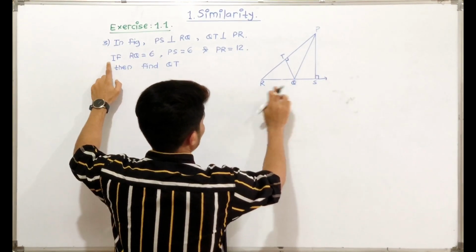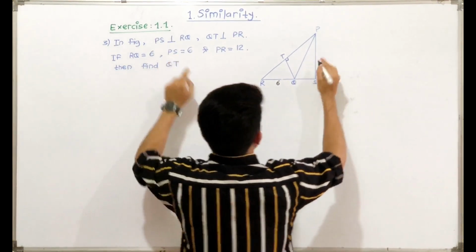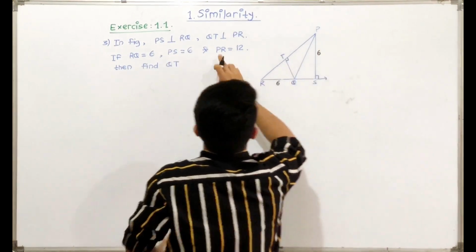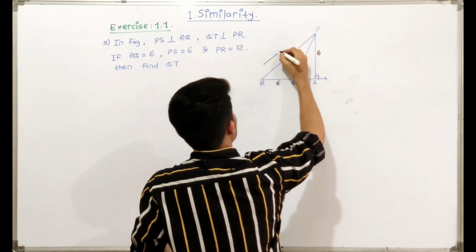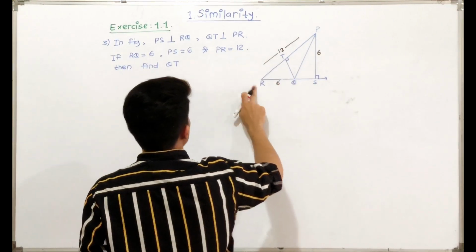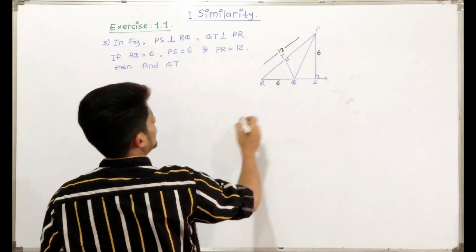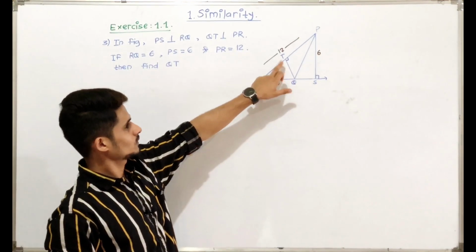If RQ is 6, PS is 6 and PR is 12, then find the value of QT.